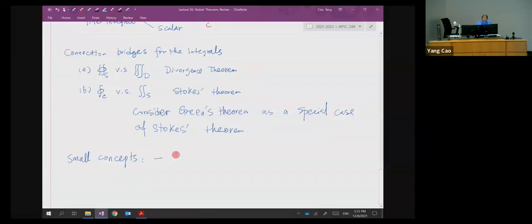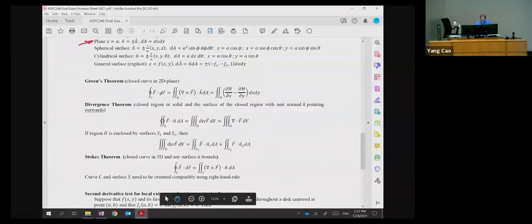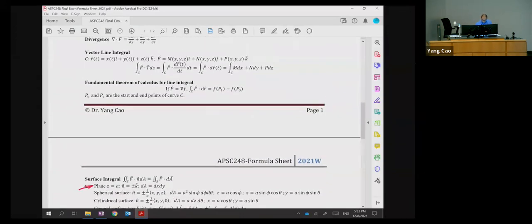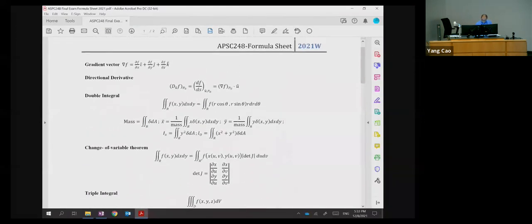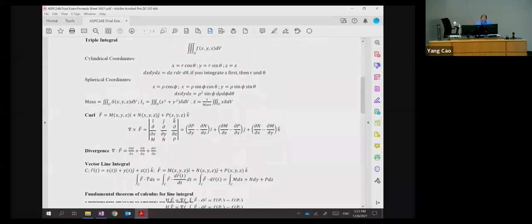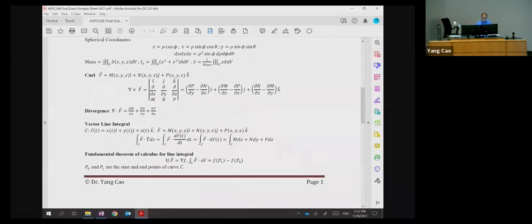Dot and cross products. You can literally see there are so many dot products. There are also cross products, right? So you need those skills to calculate. You need to know the formulas, and you do have the formula for the cross product right here.